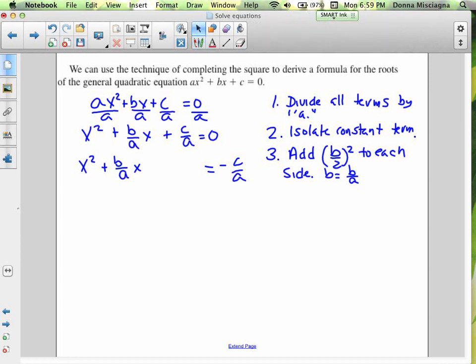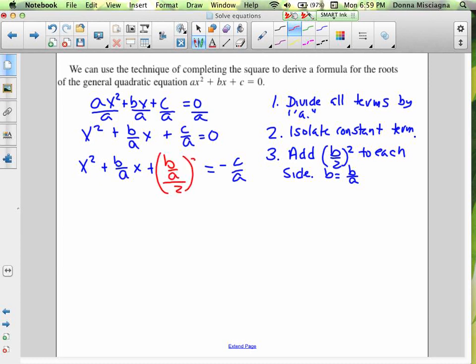So b divided by 2 would be b divided by a divided by 2, and then we'll square that. So let's do the same thing to the other side, plus b divided by a divided by 2, all squared.